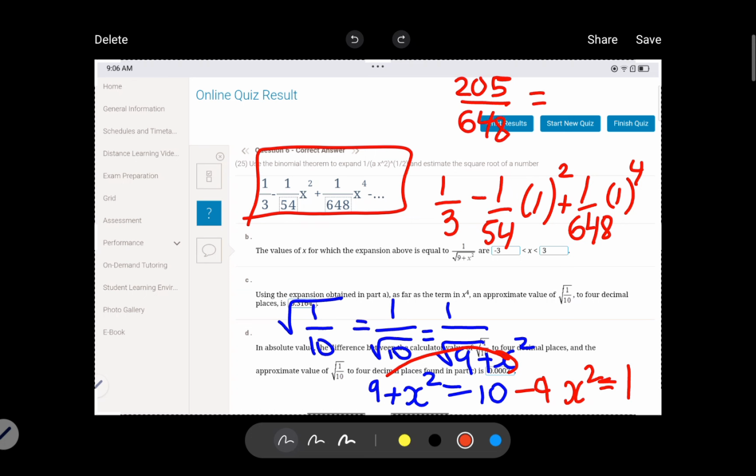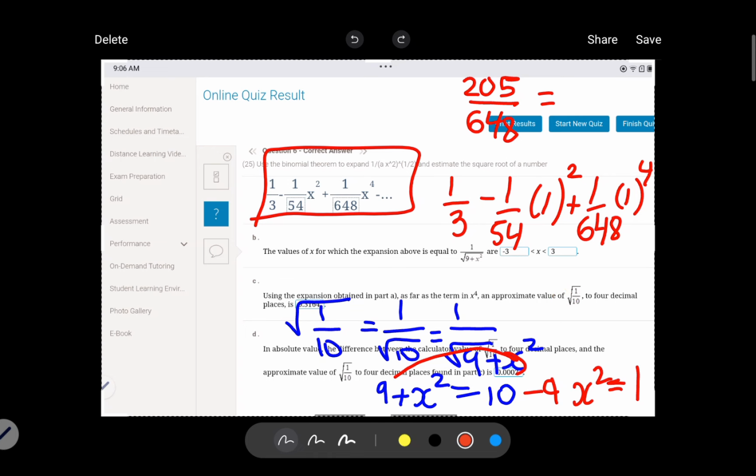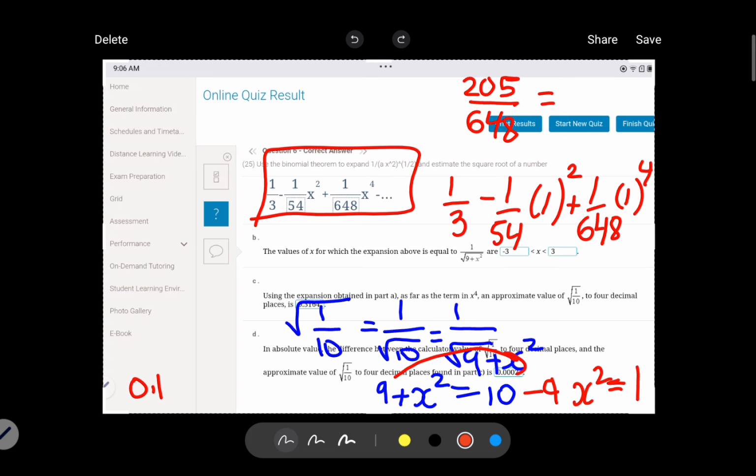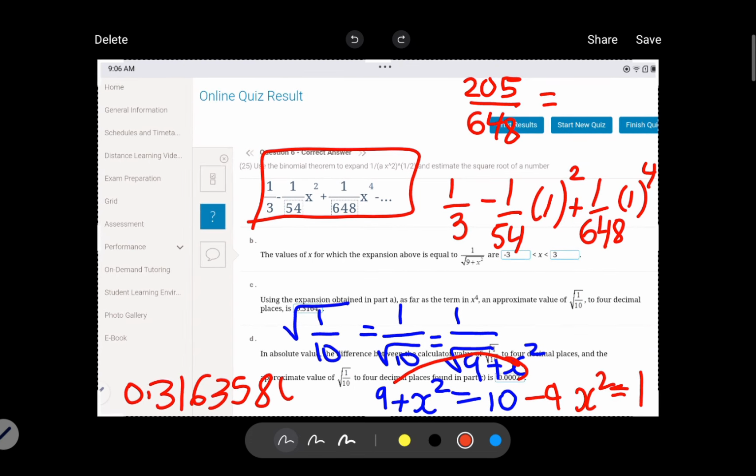Make it a decimal: 205 over 648 equals 0.31635802.